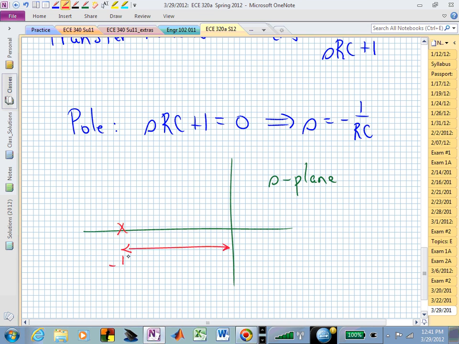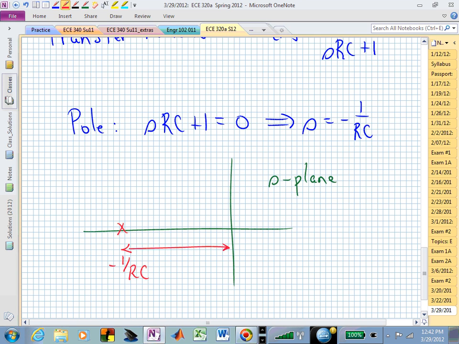And now this pole is a distance from the imaginary axis of 1 over RC. Depending on how we select our resistor and our capacitor influences how deep or how far into the complex s-plane we move that pole.